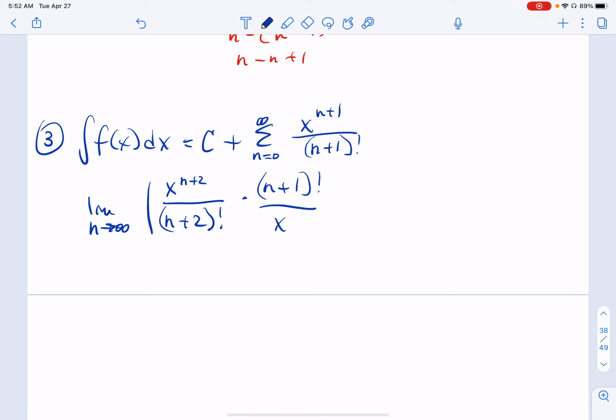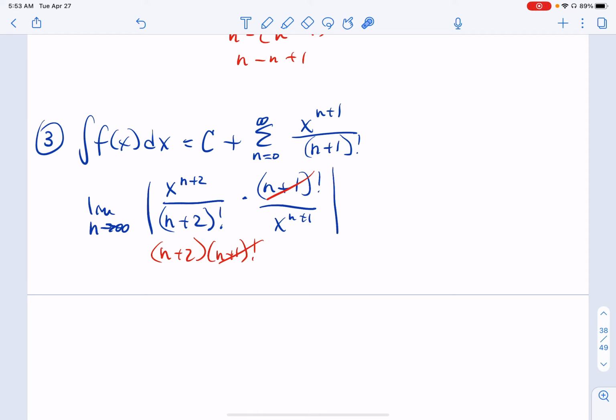That's an x. Okay, all right, and then red crayon. n plus 2 factorial is n plus 2 times n plus 1 factorial. Those cancel. And then we have an n plus 2 power minus an n plus 1 power.